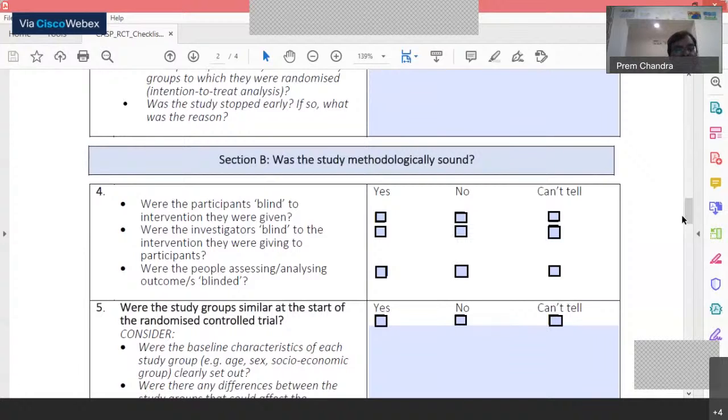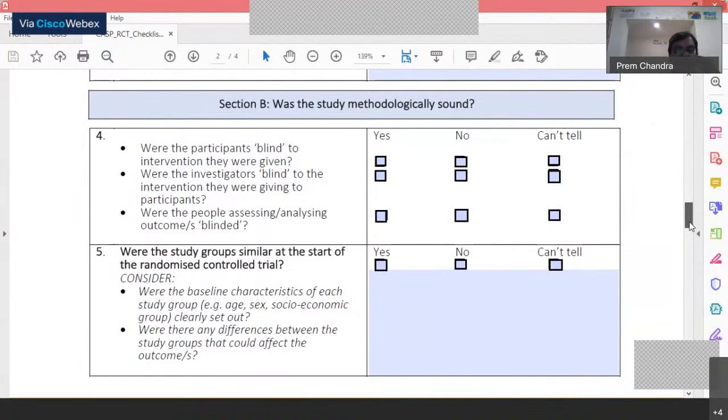We call it triple blind where the one who is going to analyze the data is also blinded. Like a statistician, who may get data as intervention A and B without knowing what exactly A or B is. So we have to be very sure about the blinding assessment. Was it single blind, double blind, or triple blind, and was the detail provided in the manuscript or not?